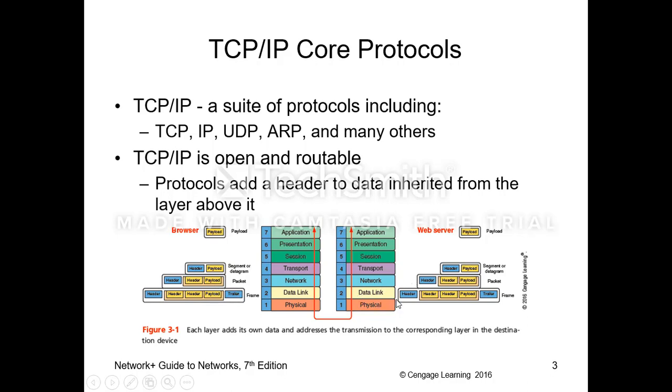When we get to this node over here, this node is actually going to take the header and the trailer off, read the information, and then send it up to the next layer, the network layer. This layer is going to tear off that header to be able to read the information and make sure it's for him. And then over here on the next one, he's going to tear off the transport layer and then close the session with the sending node as it moves up and down the OSI reference model.